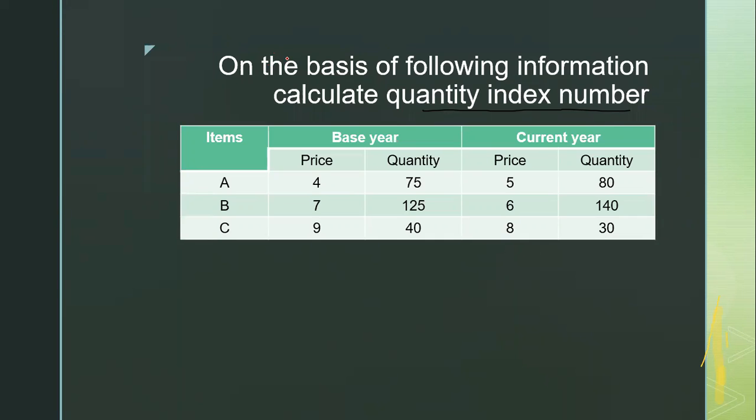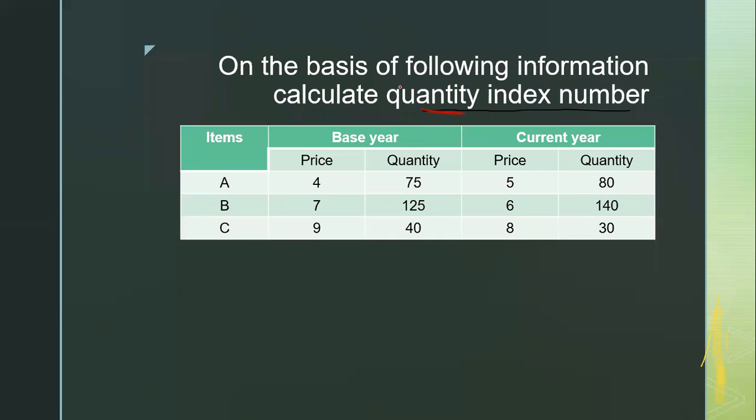Okay, good. On the basis of the following information, we have to calculate quantity index number. So when you say quantity index number, we will calculate all the 5 methods. When you see this table, you may get confused whether to calculate under price index or the quantity index. I said it is the same. The only difference is there we were focusing on the prices and here we will be focusing on the quantity.